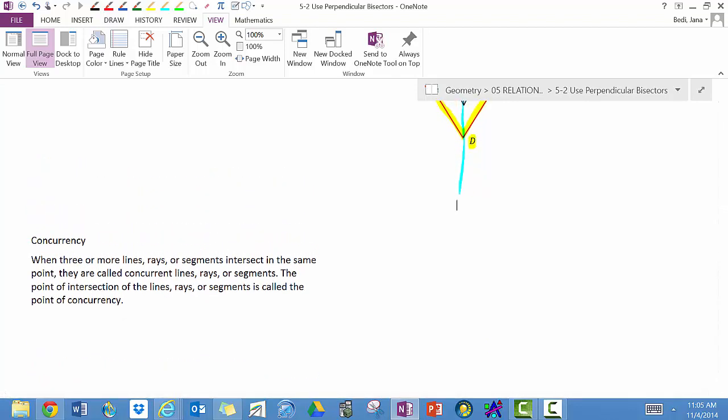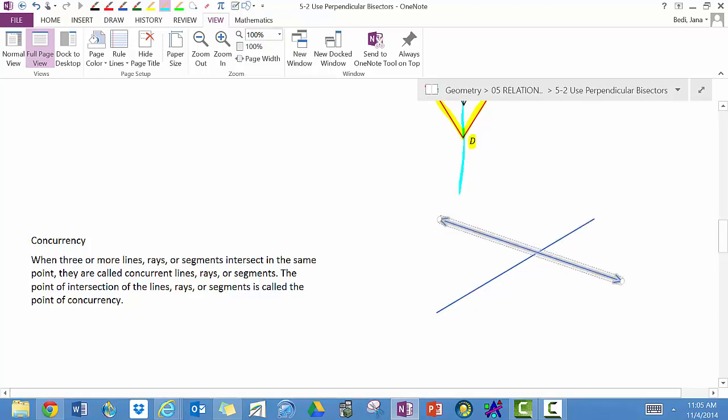Concurrency. So if you have 2 or 3 rays or lines that intersect, so here we go. Here we have a segment and a line, and they of course intersect in a point. Two segments, rays, or lines will also always intersect in one point, provided they're not skew, of course.